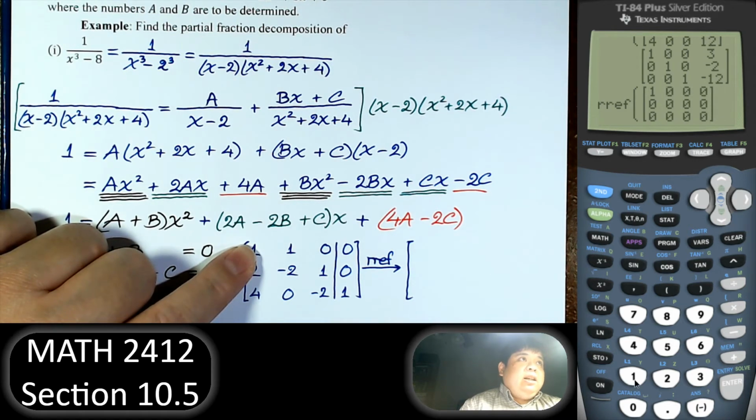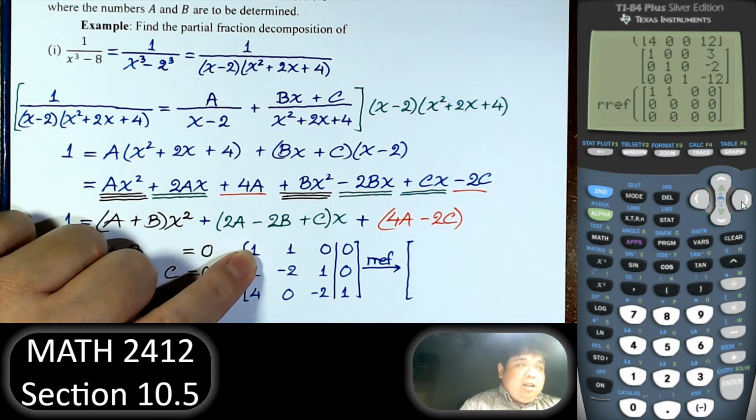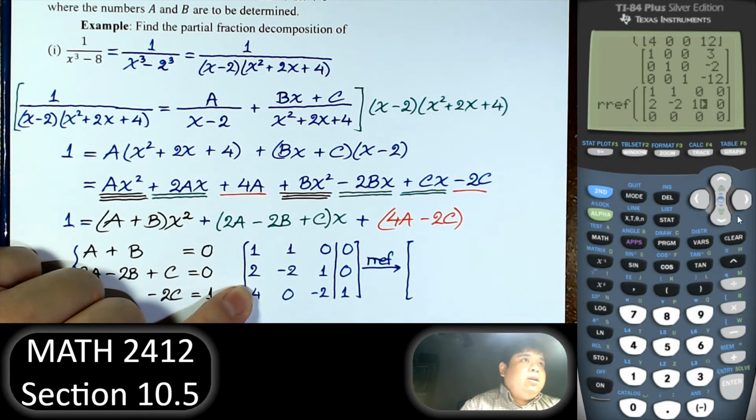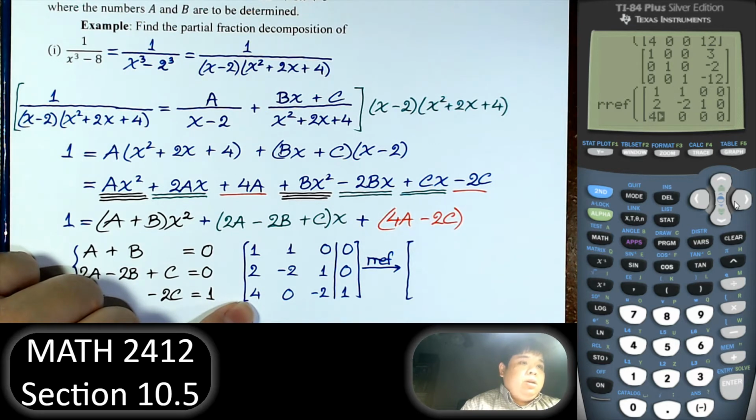Again, don't hit enter here. Just hit next. Next. 2. Negative 2. 1. And 0. 4. 0. Negative 2. And 1.